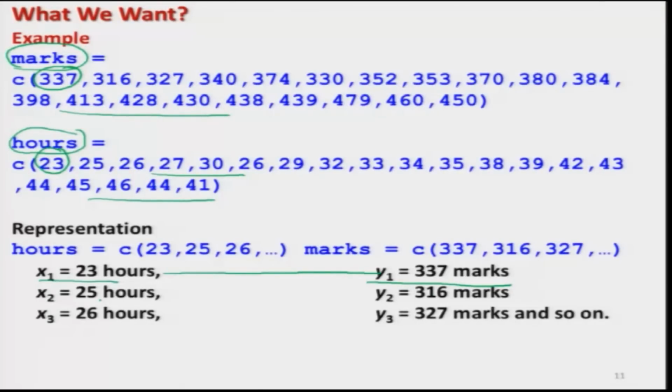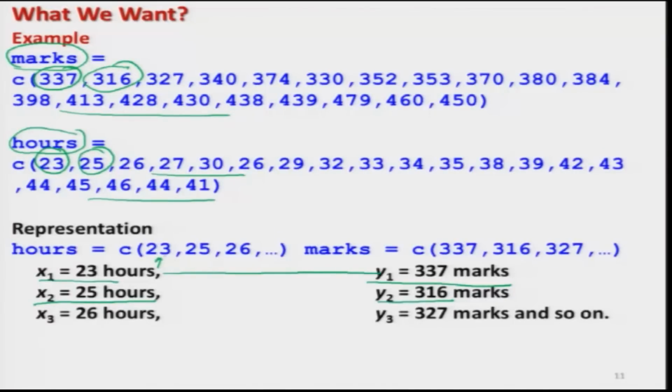Similarly, we have the second value 25 for x2 and 316 for y2. So this is again in the same order, 316 here and 25 here. So the data for the paired observations is given in two different vectors, but the order of the observations remains the same in both the vectors. This is very important and you should keep it in mind.